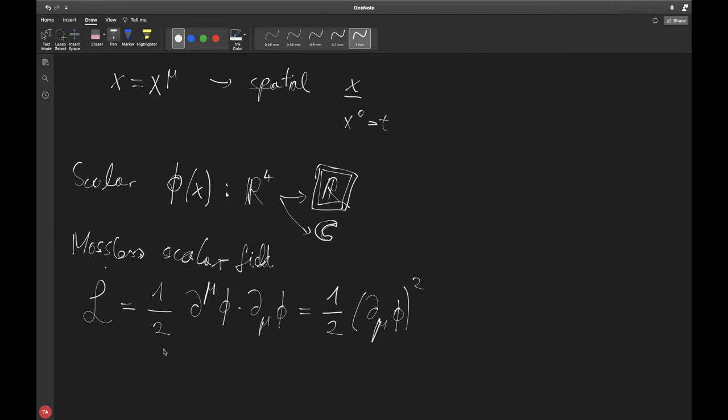We can extend this Lagrangian. First of all, maybe we can also mention that we have a repeating index, so that means this is an Einstein summation.